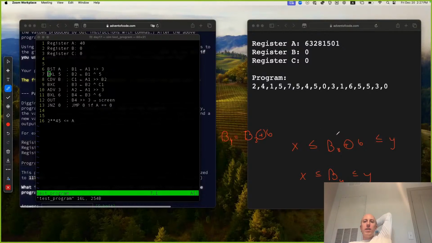We want to get a bound on B3 less than or equal to some value, and we want this bound to be tight too.